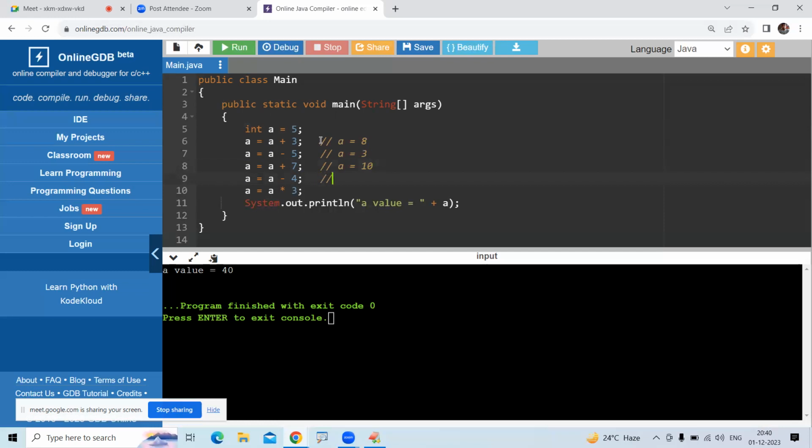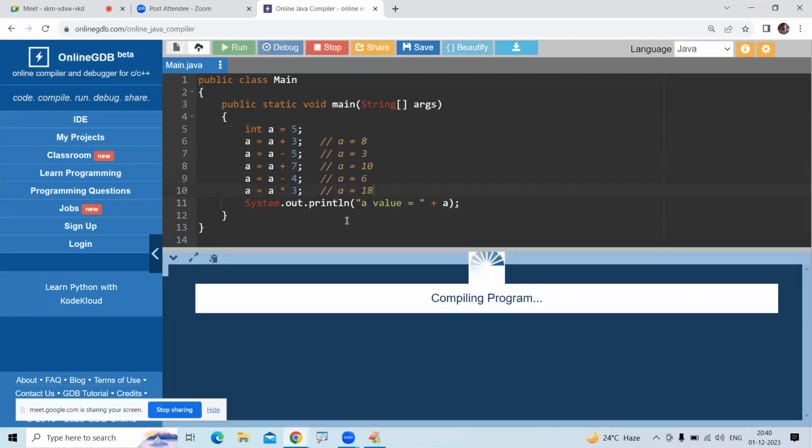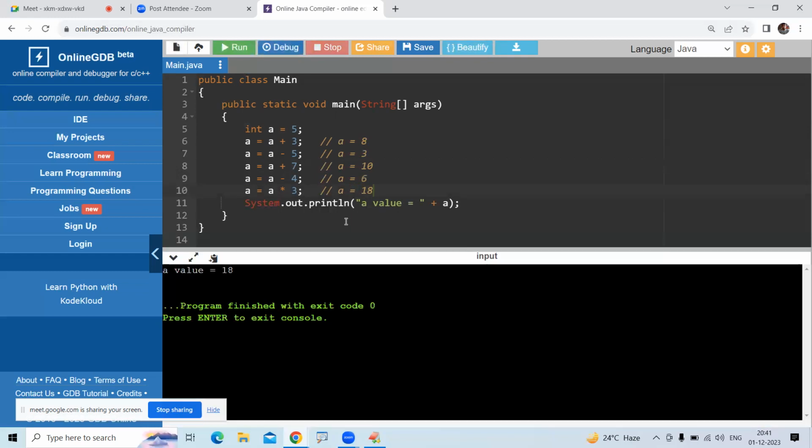Next, 10 minus 4 is 6. Here 6 into 3 is 18. So when you are executing, what is the final value of a? That will print.